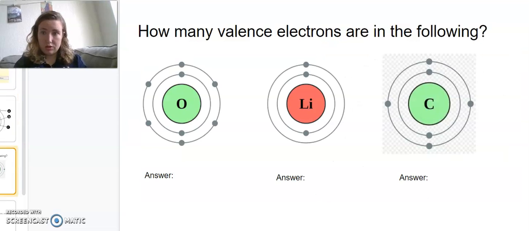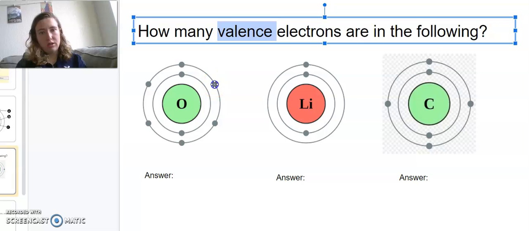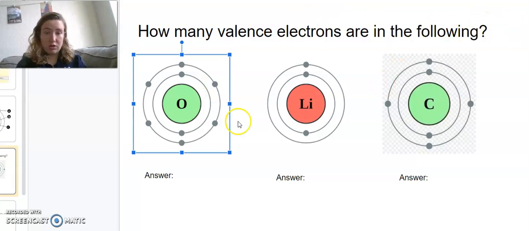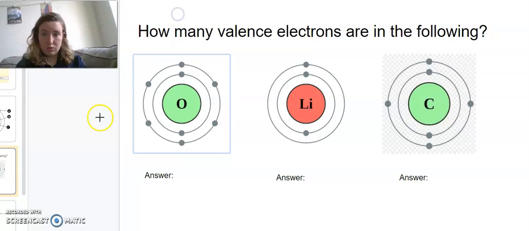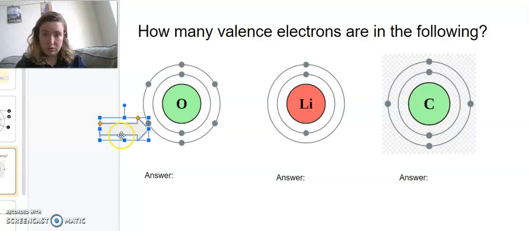Alright, so then slide number 4. How many valence electrons are in the following? So remember, valence electrons, that means how many electrons are in the most outside circle. The most outside circle. So I'm wanting to look at only this outer circle, right?